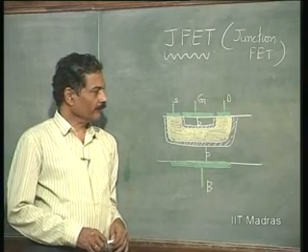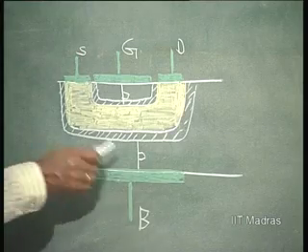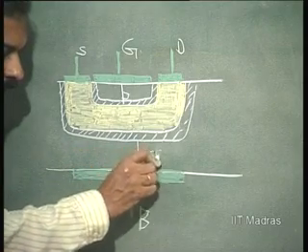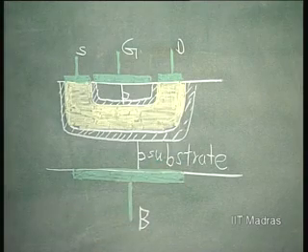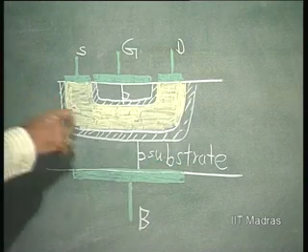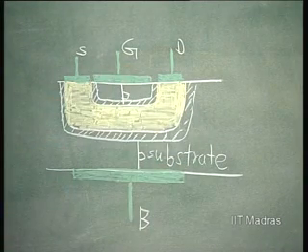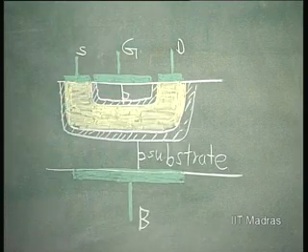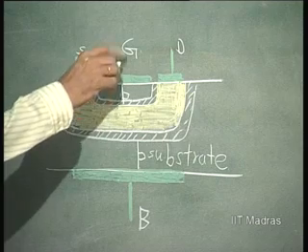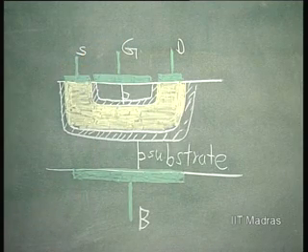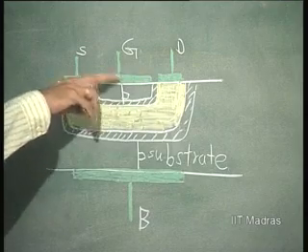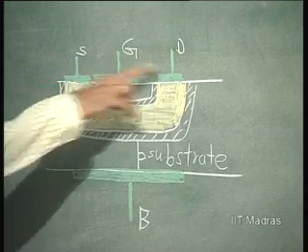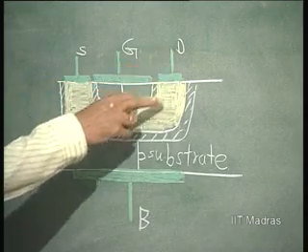We have, let us say, the same type of substrate, a P-type substrate, in which we now have N type diffusion done, and then later on P-type diffusion done again. The second P-type diffusion corresponds to the gate. So, the metal contact is placed over the gate. Here we have source and here we have drain. This is the N channel.